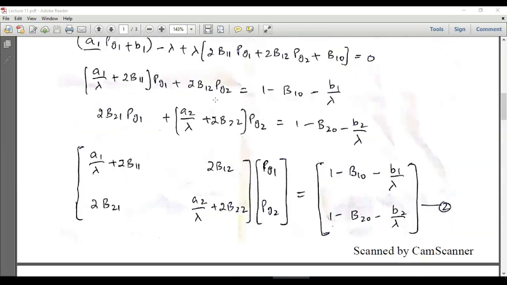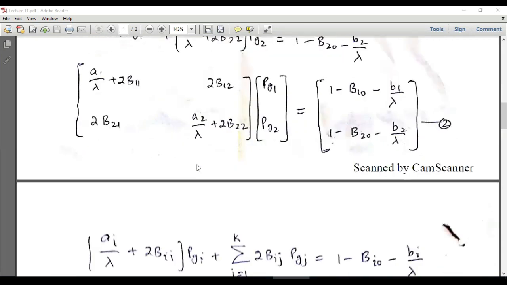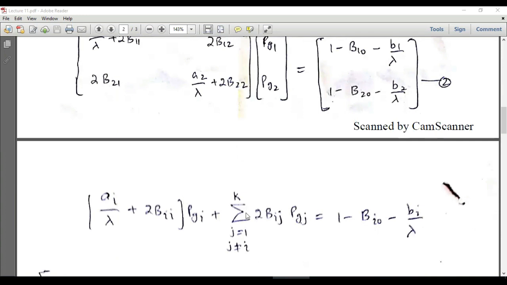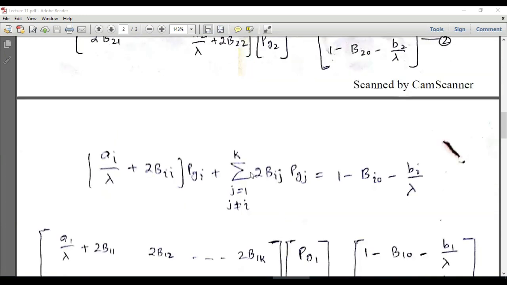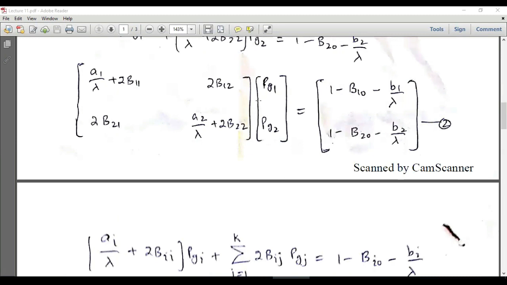Again, these two equations can also be written in the summation form as you can see here. This is the equation for a two node network, or a network in which we have two generators, Pg1 and Pg2.